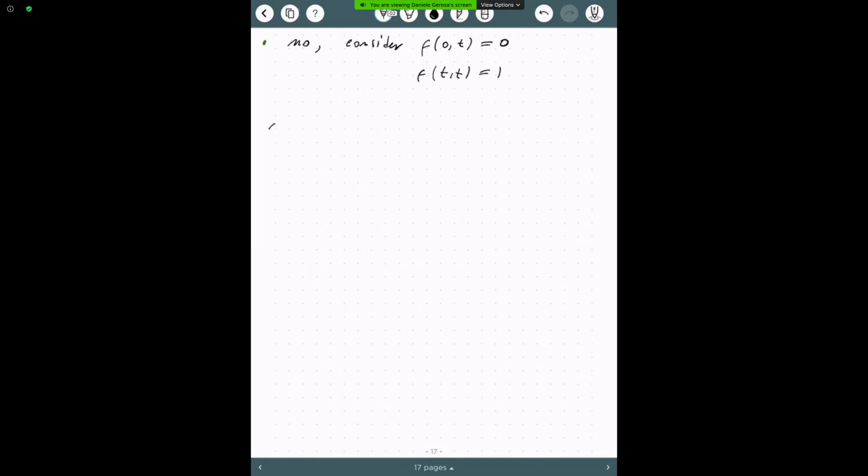So the answer is no, f can't be extended by continuity at (0, 0).